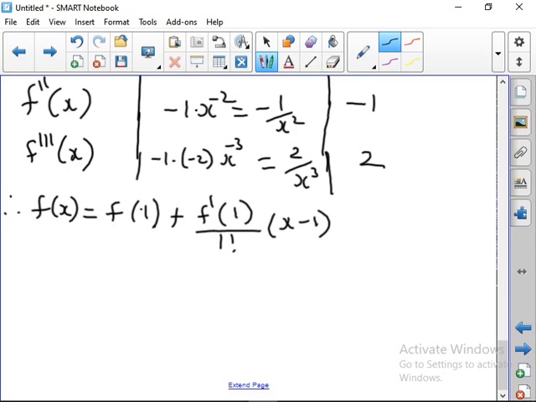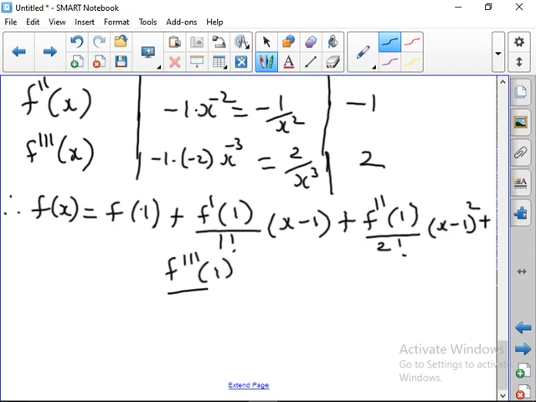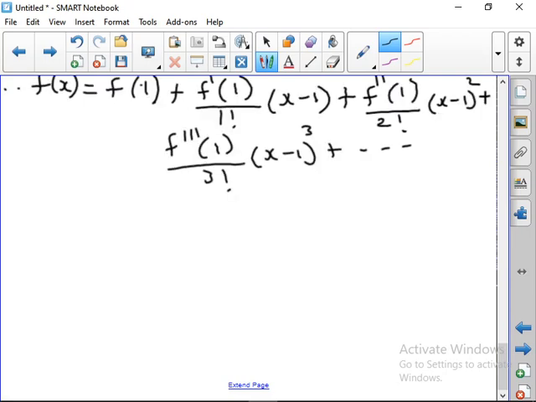Because we are doing for x at x is equal to 1. Okay, therefore it is x minus 1. So what about the second term? F double dash of 1 by 2 factorial into x minus 1 the whole square plus f triple dash of 1 by 3 factorial x minus 1 the whole cube plus etc.